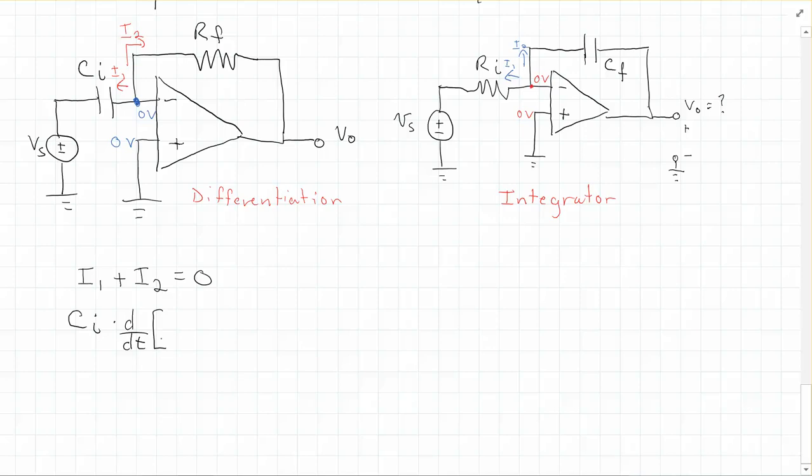But remember, the voltage across the capacitor would be the voltage at this point minus the voltage here. So it'd be 0 minus Vs, plus, then using Ohm's law, we'd get that the I2 current would be 0 minus V out over RF equals 0.